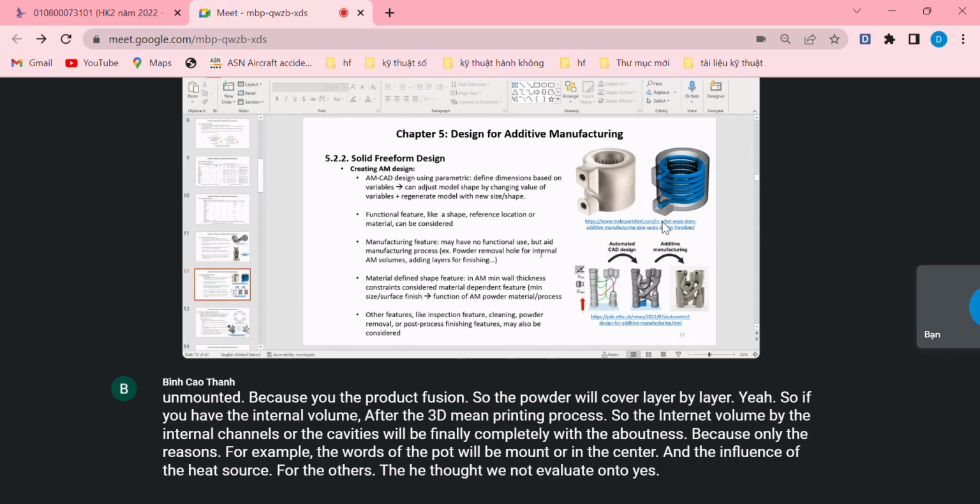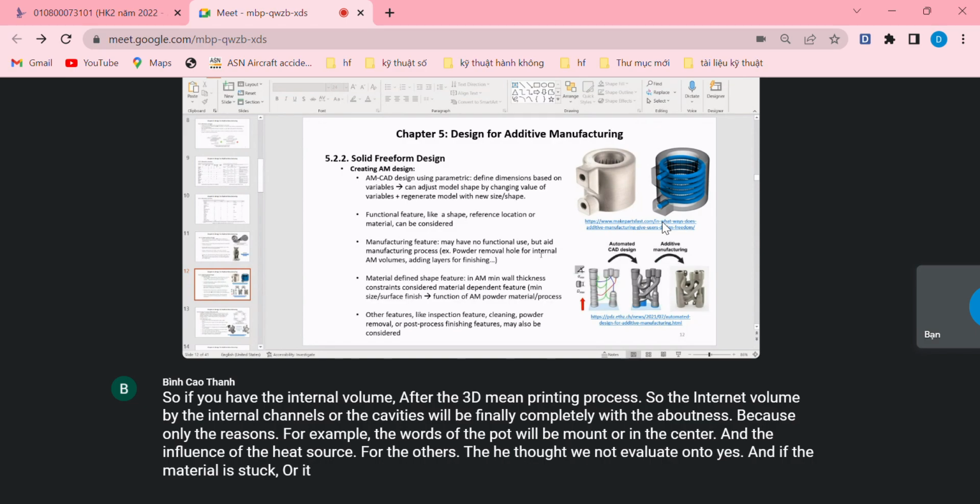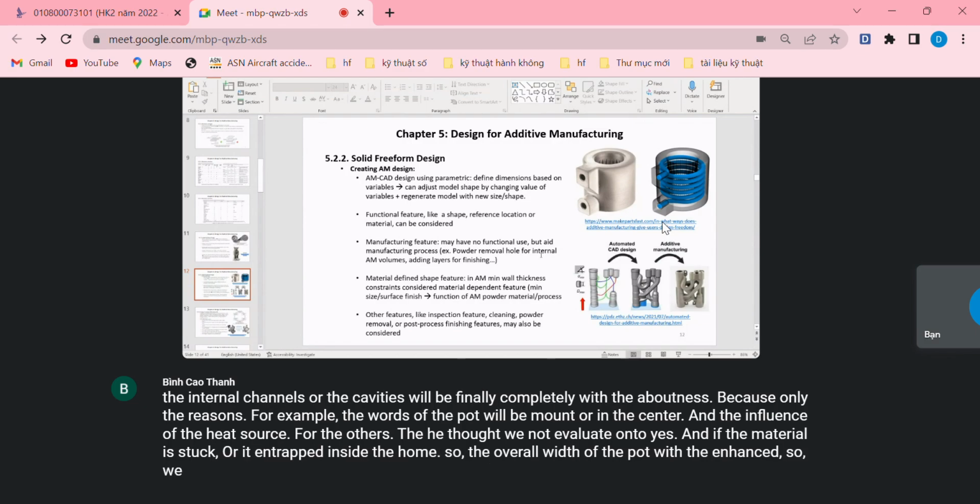And if the material is stuck or entrapped inside the hole, the overall weight of the part will be increased. So we do not obtain the meaning of light part fabrication.